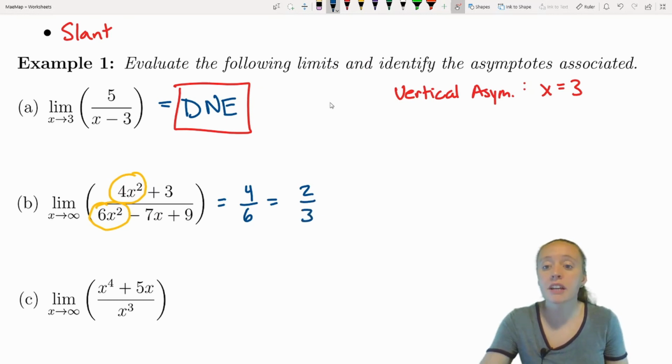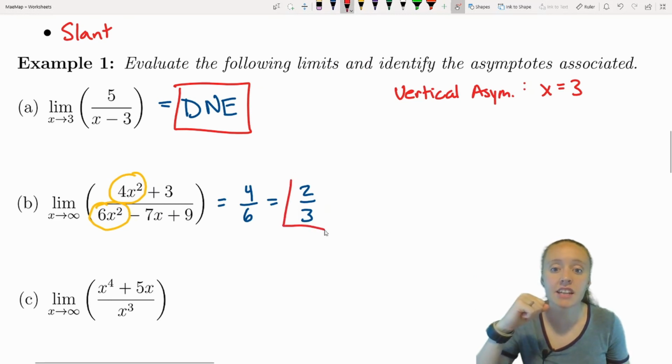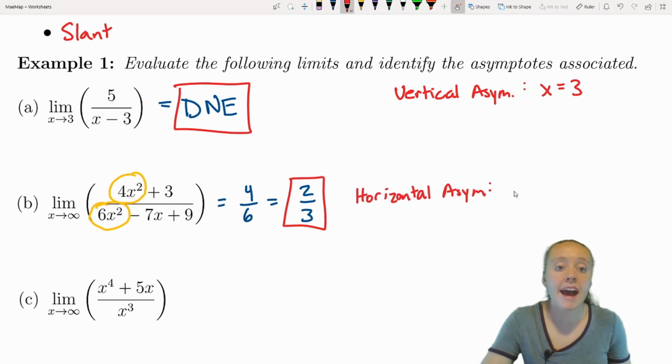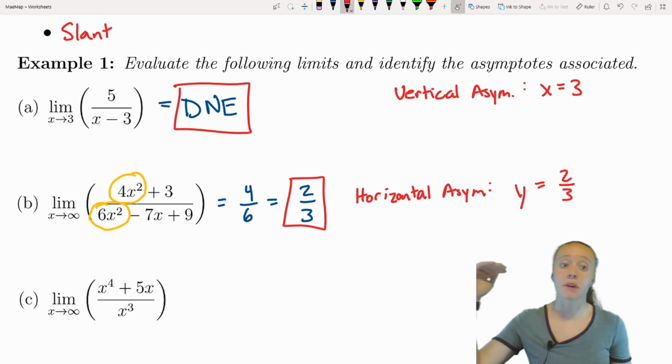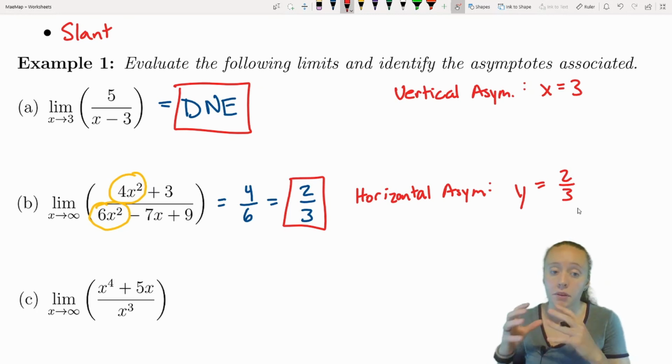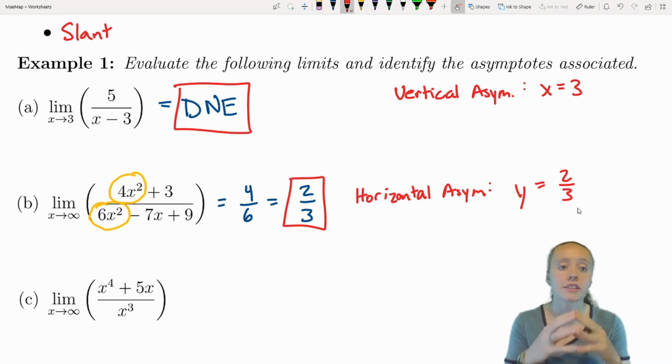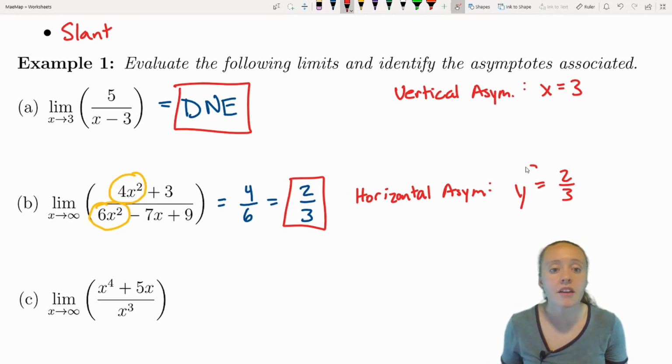So because my limit of my function as x approached infinity is equivalent to 2/3, that is my horizontal asymptote. I have a horizontal asymptote at y equals 2/3. There's my horizontal line, y equals 2/3. My slope with my x is 0, so 0x plus 2/3 gives me that y equals 2/3.